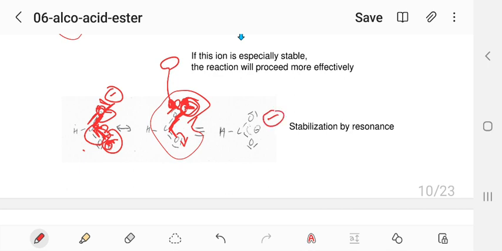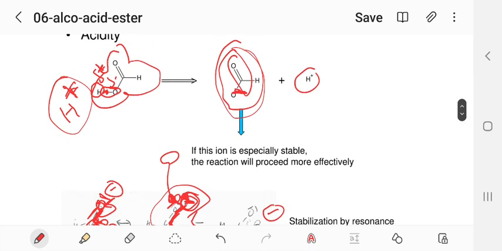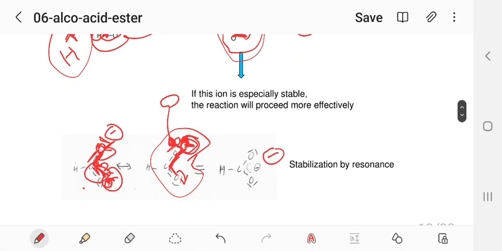And this is why the carboxylic acid, this functional group COOH, is an acid, because it can survive by itself without the H+. So an element that can release an H+ ion and survive without it is called an acid. This is the definition of an acid.